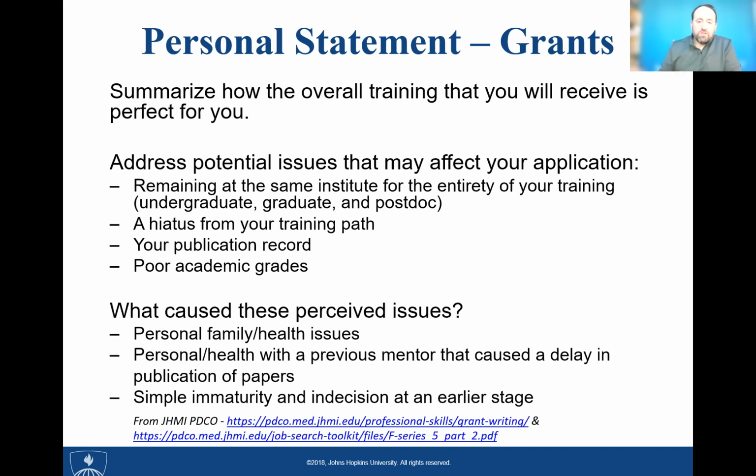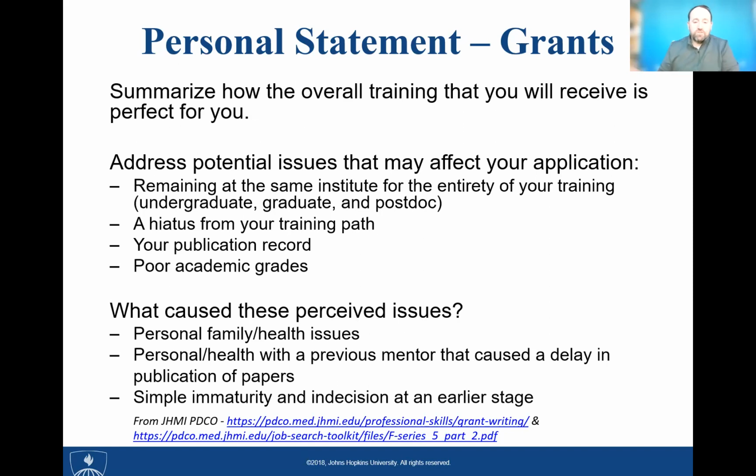Also, with grants, address any issues you think may have come up in your application. Maybe it was being at one institution for a long time, that you took a break from your training, what your publication record looks like, how many you have. Or a time when your grades slipped or you didn't do so well.